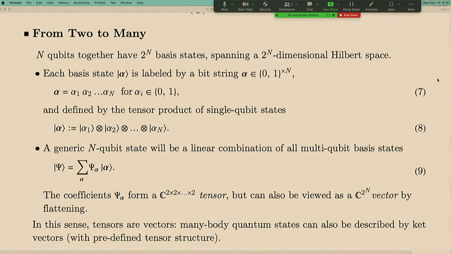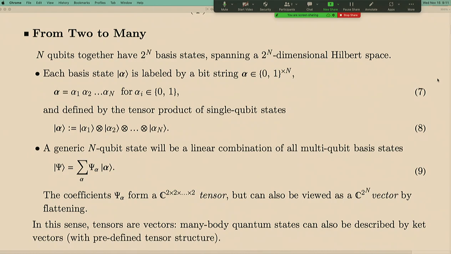And then all these different choices, all these basis states, span a 2 to the power n dimensional Hilbert space. And each basis state will be labeled by a bit string. Because if you have n qubits, and every qubit assumes a state either 0 or 1, then n qubits will be a sequence of 0s and 1s. That sequence can be written as a vector, but actually it's a sequence.